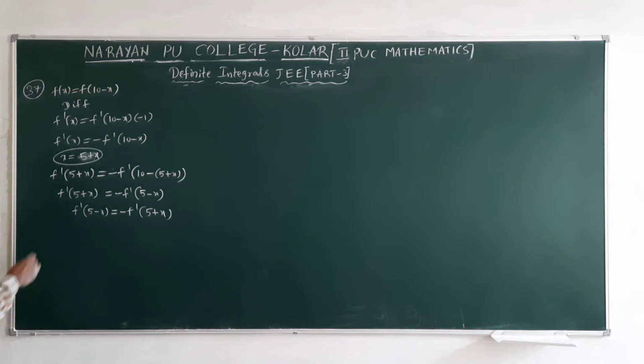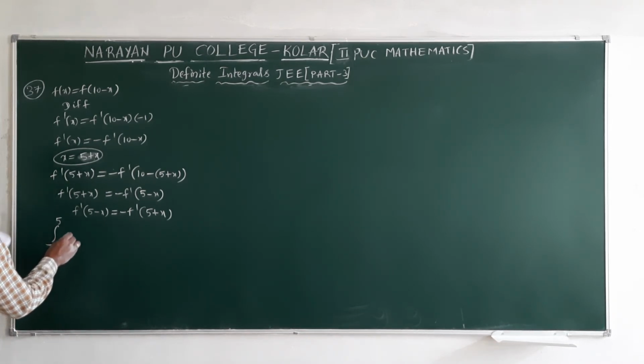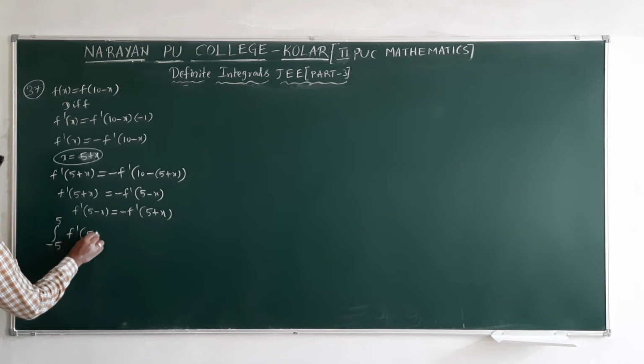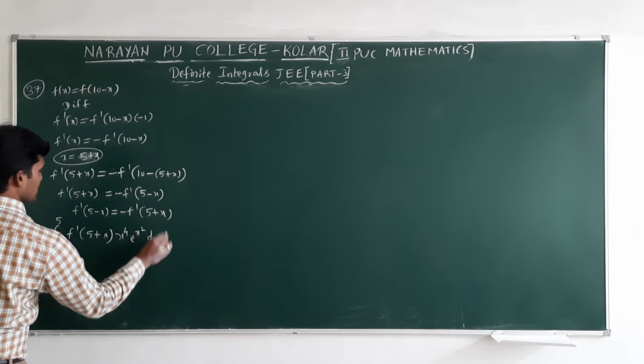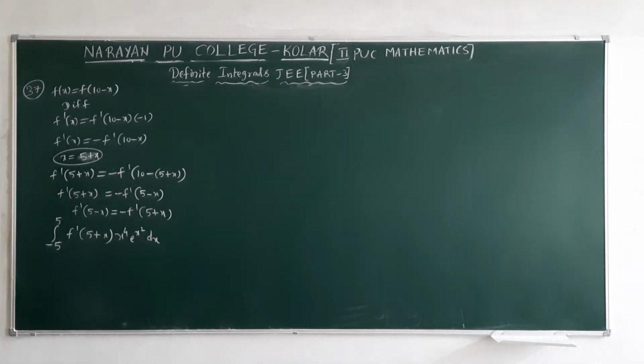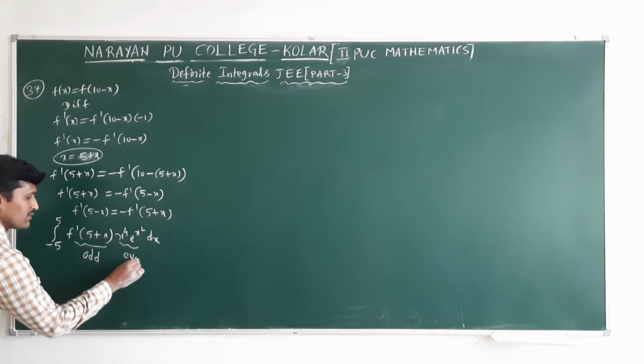Here the function is given what? Minus 5 to 5, f dash of 5 plus x, x power 4 e power x square dx. This clearly satisfies the negative condition, value wise. This is odd and these two are even.